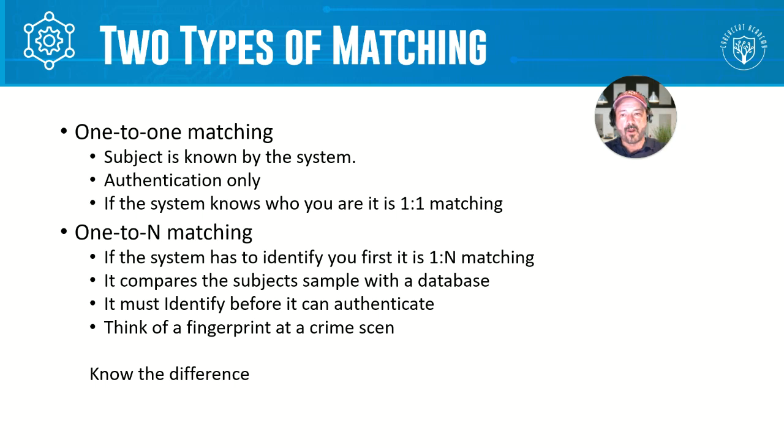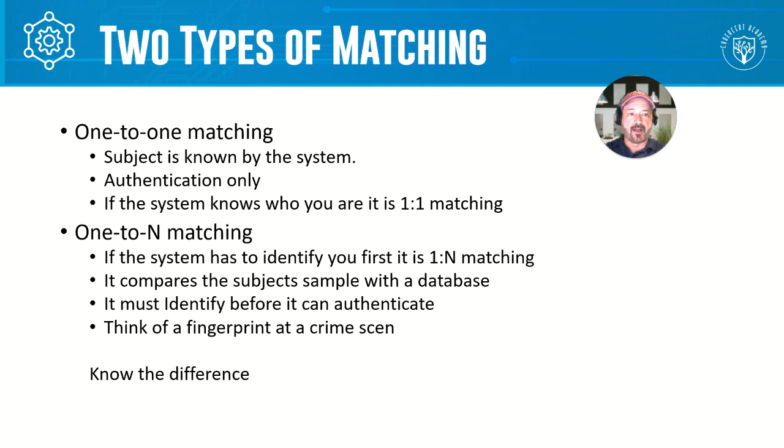So with one-to-one matching, it's authentication only. It's not doing any identification. You're already claiming who you are, and now the authentication is just verifying that the claim is true. It already knows who you are.